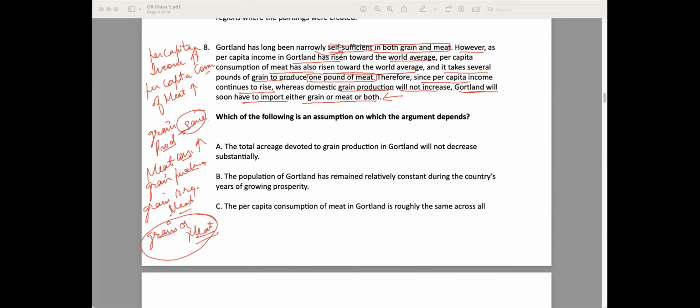Okay, everybody understood the argument, first of all? So what is the assumption? Option A: the total acreage devoted to grain production in Goatland will not decrease substantially. See, the only consequence this option can have is about grain production. And we already have that information that grain production is static.